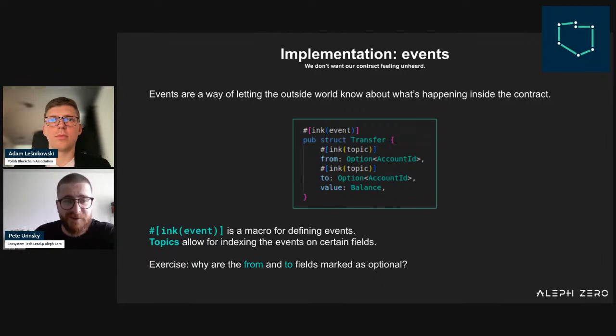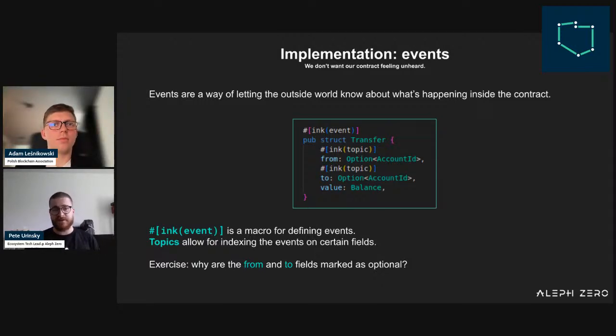You should be quite used to them by now. You need to mark it with the ink event macro that again does some magic, and it has some fields. Each event will have these fields, and if you use the ink topic macro, it allows the external indexers to index this field. So similar to how databases can index a column to make it faster to search through.